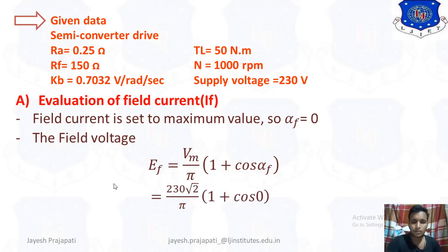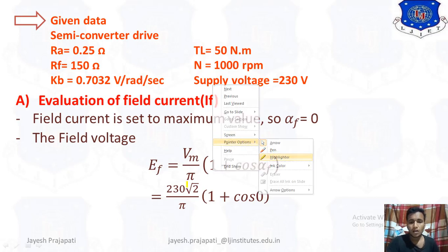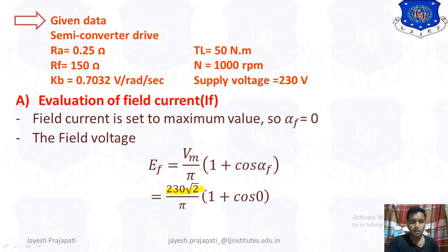We know that alpha f is equal to 0, so we write down the voltage Vm, that is equal to 230 multiplied by root 2. Here you can see that this is the maximum voltage Vm.